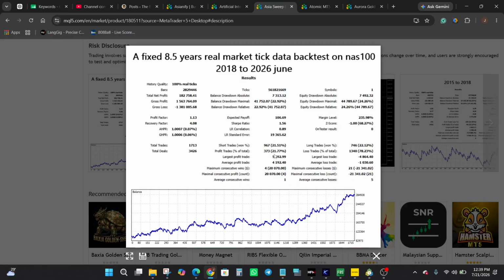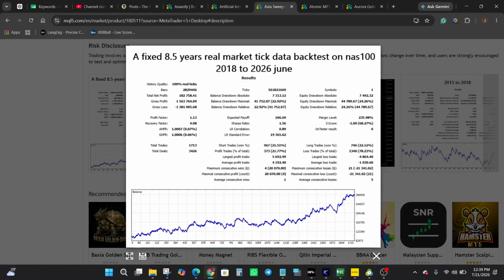We had about a 21.77% win rate, which aligns with the low win rate technique mentioned on the marketplace listing. The balance curve shows slow growth, a significant pullback, a rise again, another pullback, and so on. But overall, it was steady growth over time.